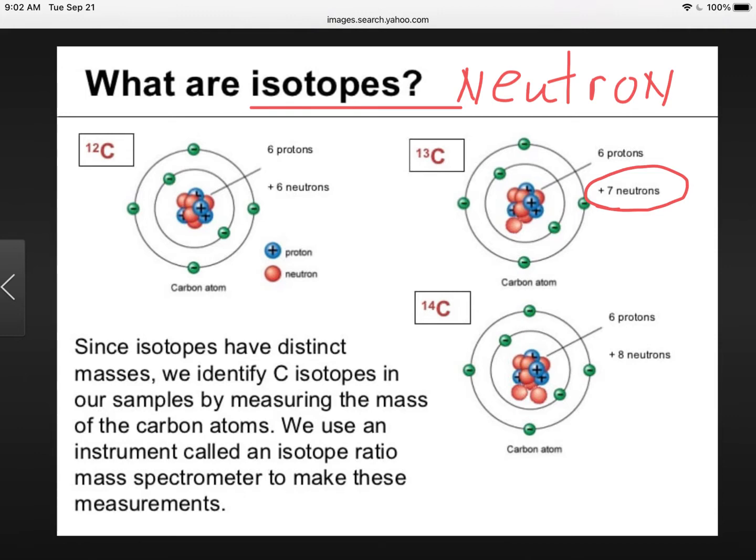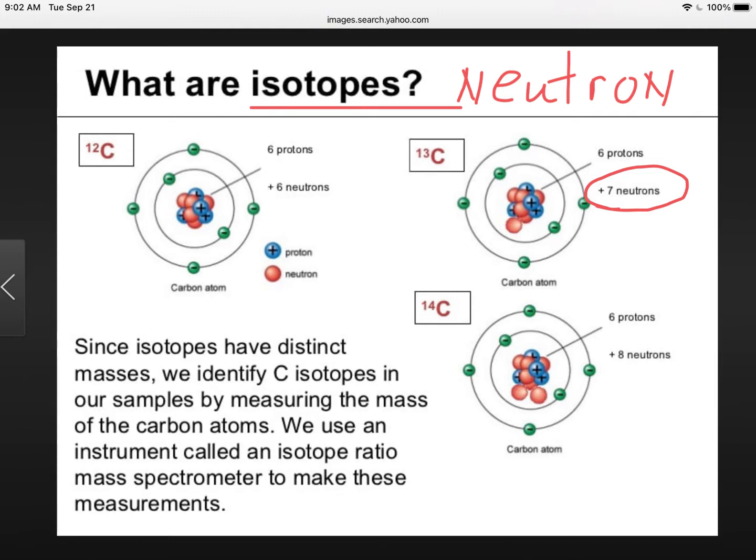An isotope is when an atom has neutrons that change, therefore your mass will also change.